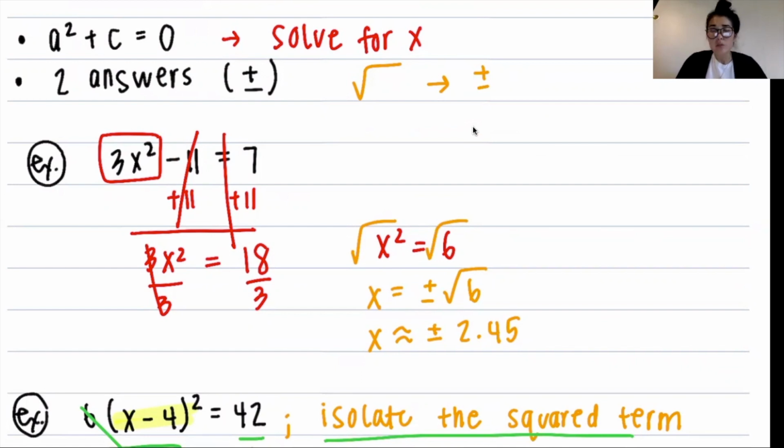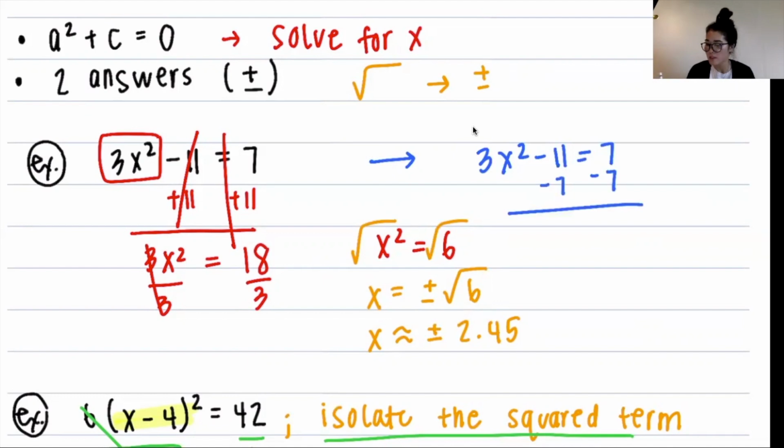I will tell you your quadratic formula also works here too. It might be a little bit lengthy in steps, but it does work in a problem like this. For example, if you had 3x squared minus 11 is equal to 7. If you were to set this equal to 0, you could subtract 7 on both sides. 3x squared minus 18 is equal to 0.